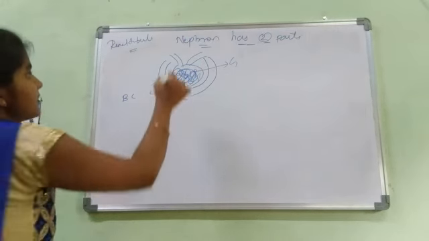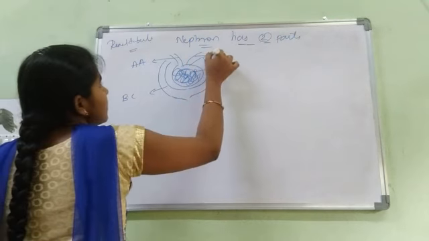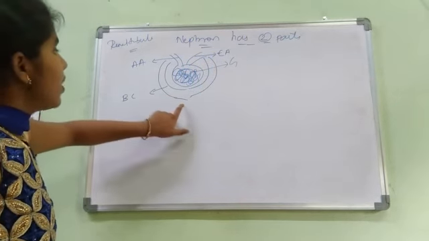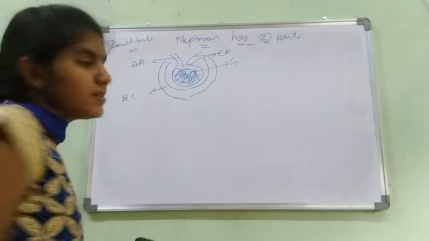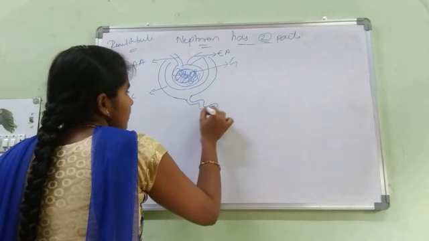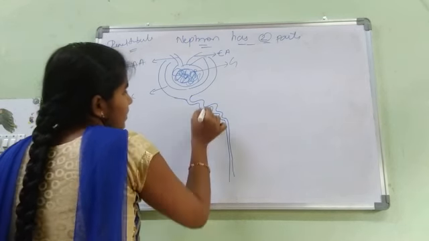Glomerulus and Bowman's capsule. Afferent arteriole, efferent arteriole. Now, the Bowman's capsule further continues as a PCT.